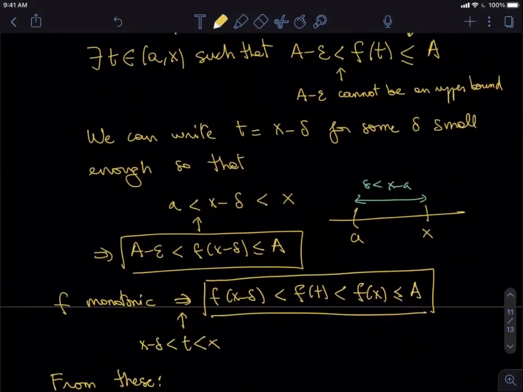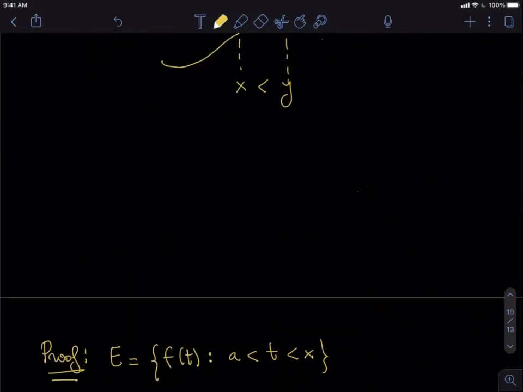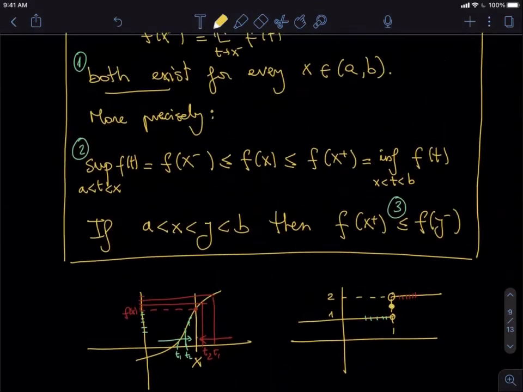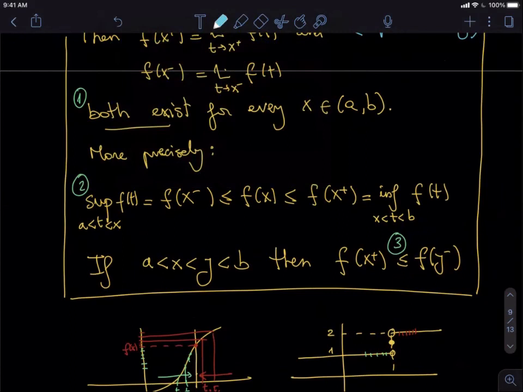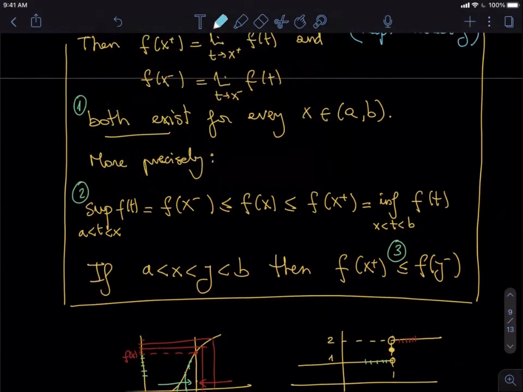Now, notice what we have proved. Let's go back to the statement. So we have proved this one over here. We have proved that they exist, and we have proved this one. Okay. So what we need to prove now is this number 3.